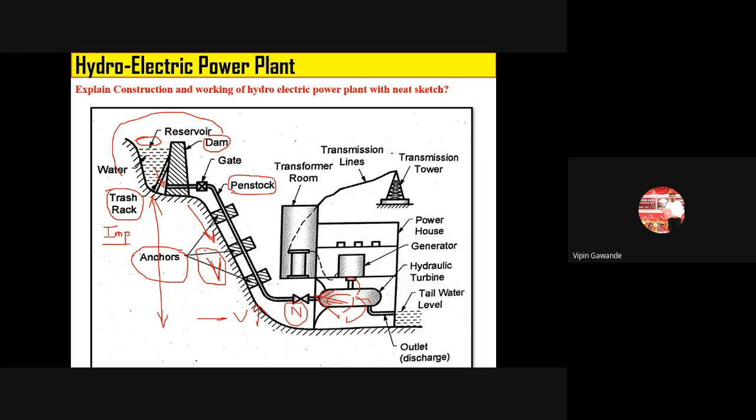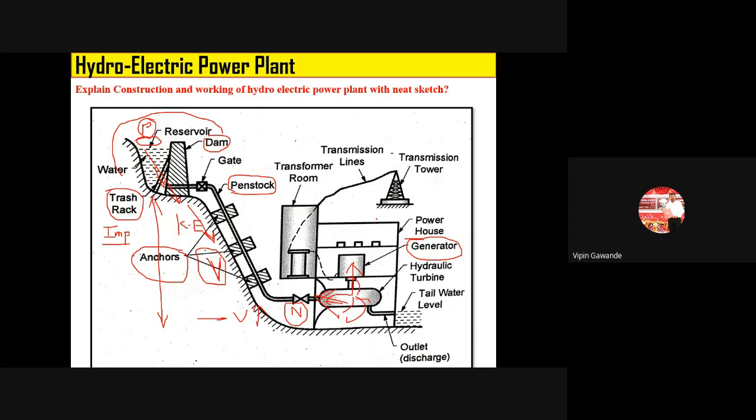Now, because of this rotation, what happened? This energy, because of the position, is potential energy. Potential energy is converted into kinetic energy, because now the water is moving. The water stored in the reservoir has potential energy. When the water flows through the penstock, the potential energy is converted into kinetic energy. That kinetic energy is converted into mechanical energy, because of the rotation of the hydraulic turbine blades. And then that mechanical energy is converted into electrical energy in the generator.